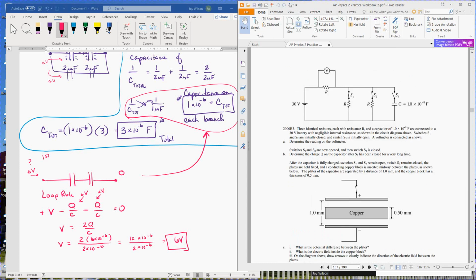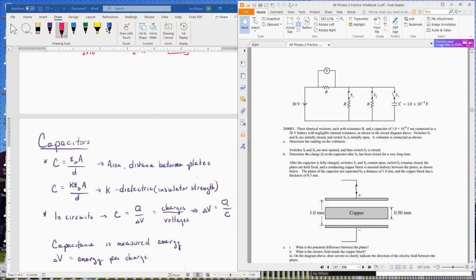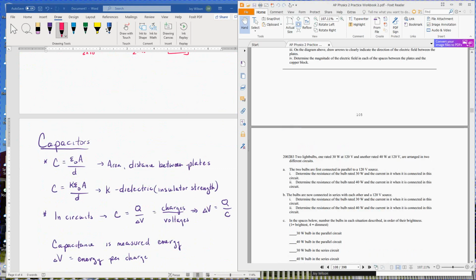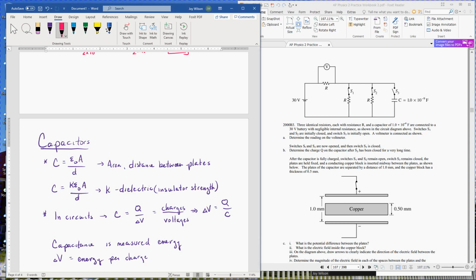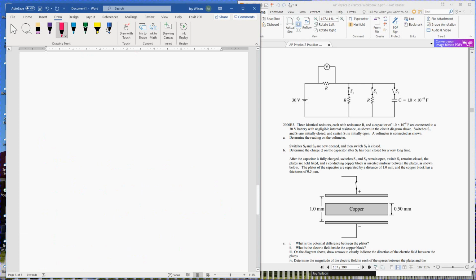Okay, let's look at this 2000 question from the B test, the 2000 test. We're going to look at that top circuit. Yeah, this is the question I want to look at. So let me get over here to my Word document, give myself a new space to work.